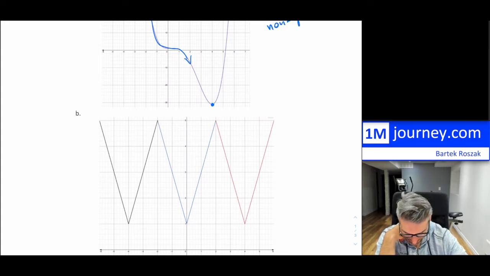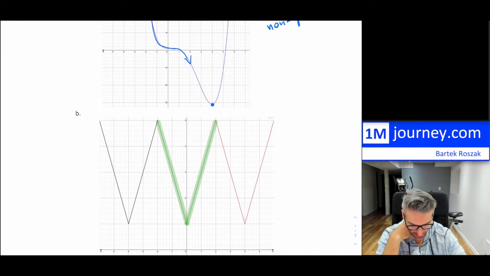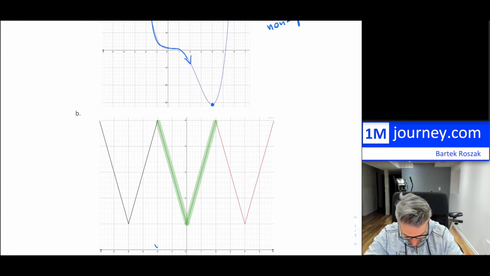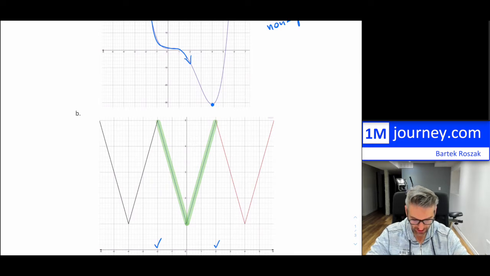For instance, I'll make it easier for myself and take the middle one right here. If I go from here to here, then it looks like it is repeating. So first off, my period would be from here to here, so it's from -2 to 2, and that means it would be 4.